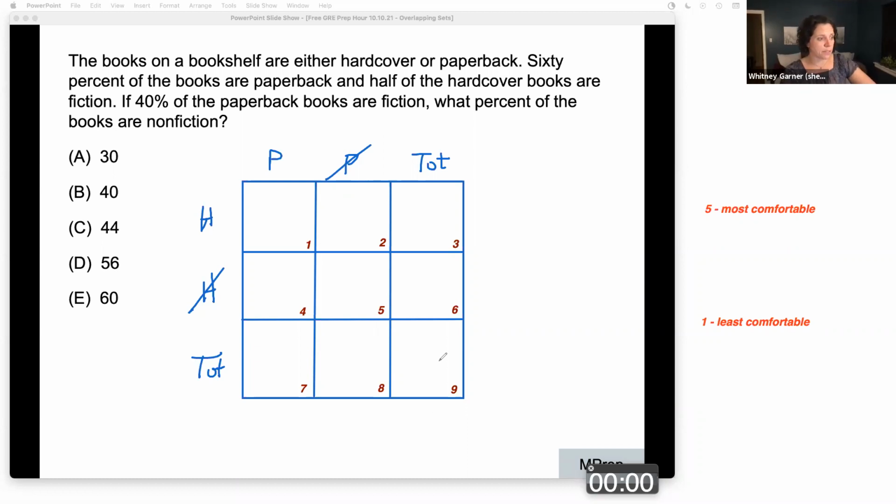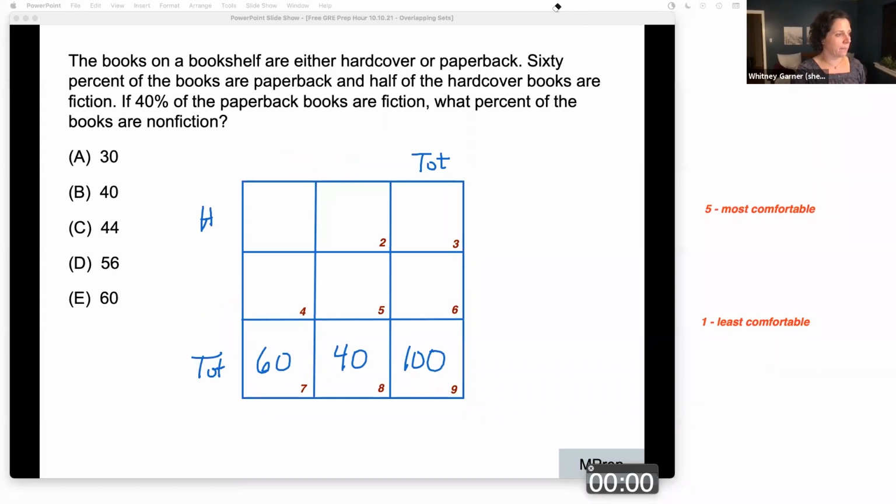So 60% of all of my books, there are 100 books. 60% are paperback. So 60 paperback, which means 40 are not. Half of the hardcover books are fiction. Hold on. Okay, I'm sorry, they're hardcover and paperback.